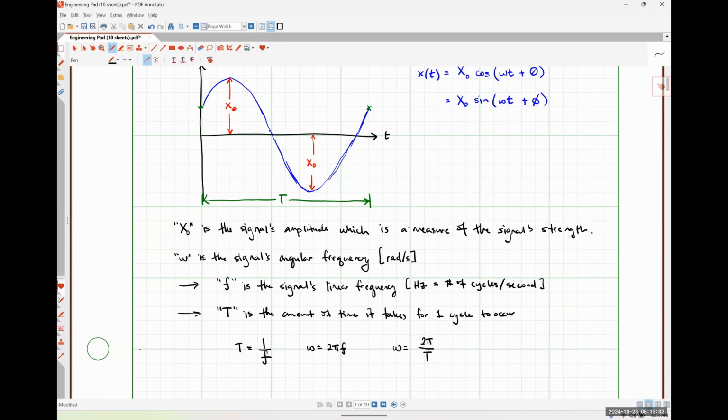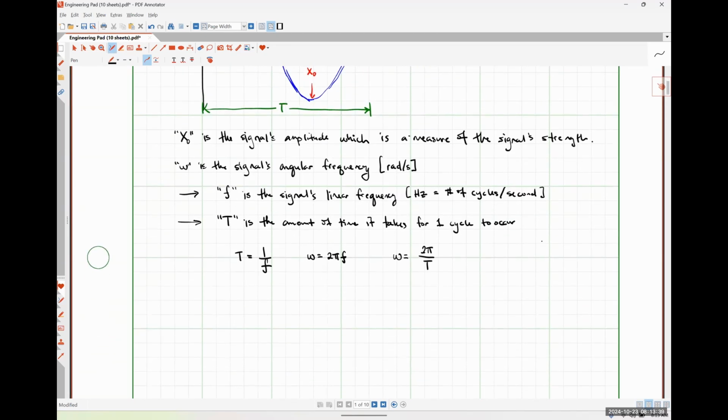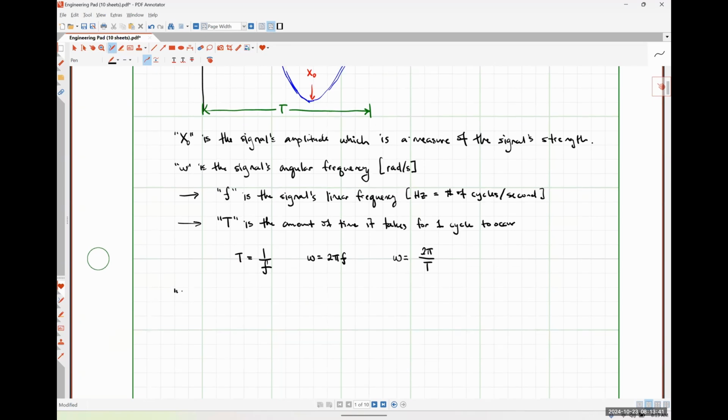So the last thing that we're going to talk about here then is our phase angles, okay? So theta and phi are phase angles.